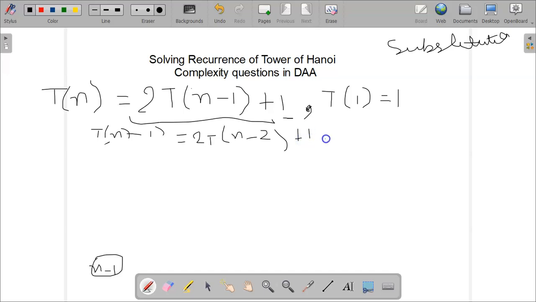We mark this as equation 2, and what is given to us is equation 1. Now we put equation 2 into equation 1.